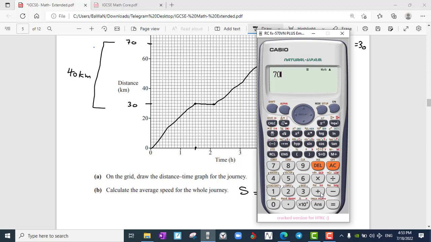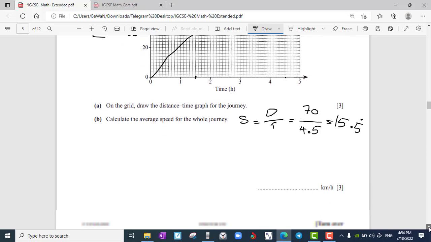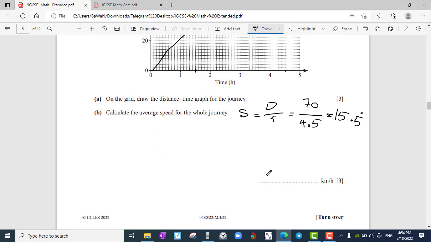So 70 divided by 4.5 is equal to 15.5 repeating. The question paper on the cover page says give every non-exact answer to 3 significant figures.